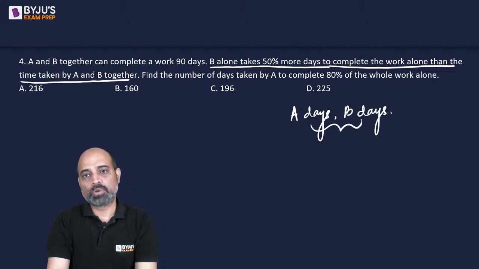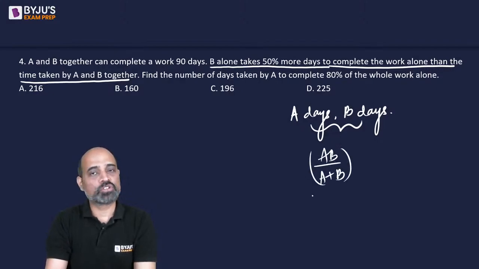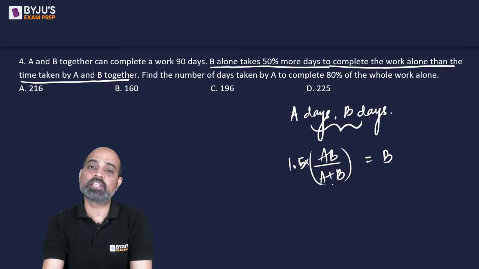So together they will take AB by A plus B. I hope no one has any doubt. This is how you find together, right? And it says B alone takes, meaning B's days is already 50% more than the together days, right?